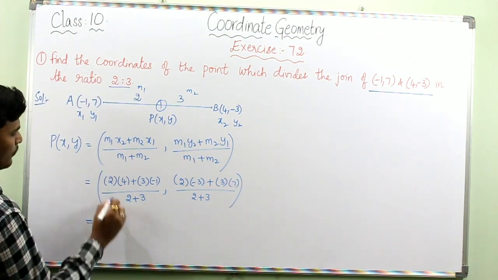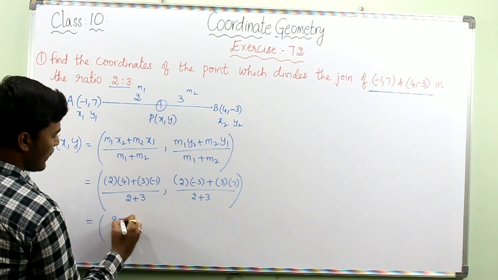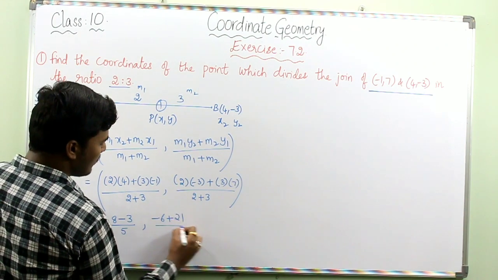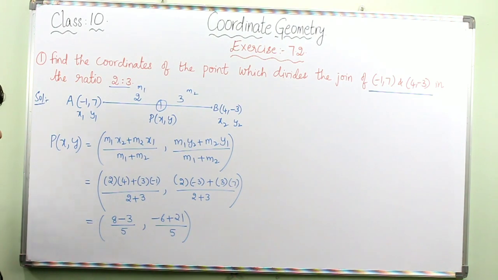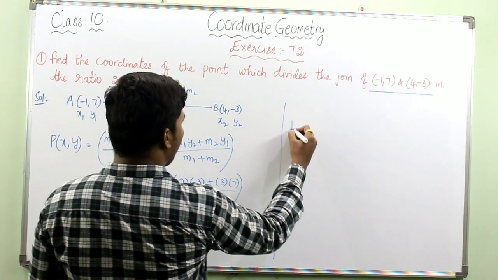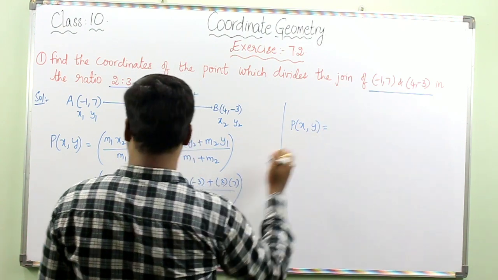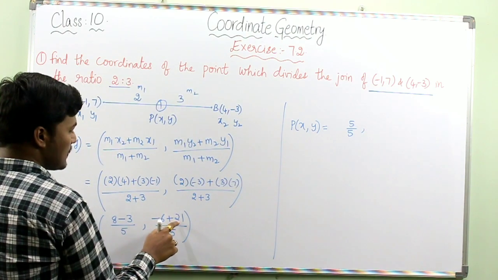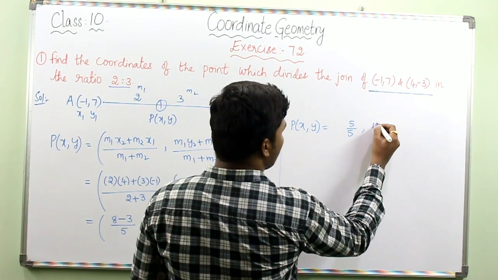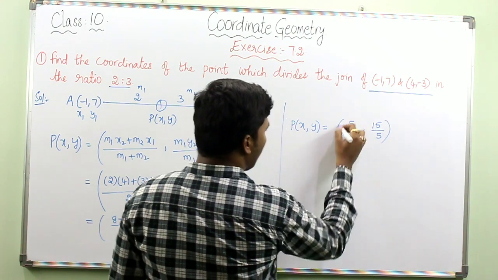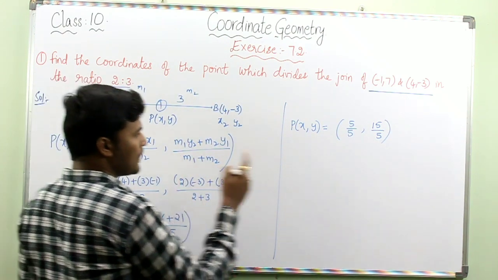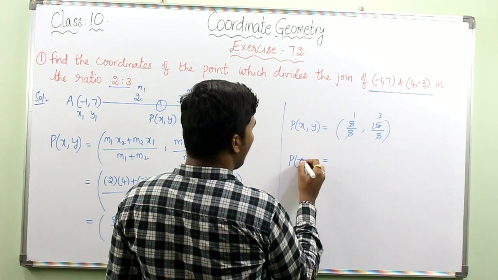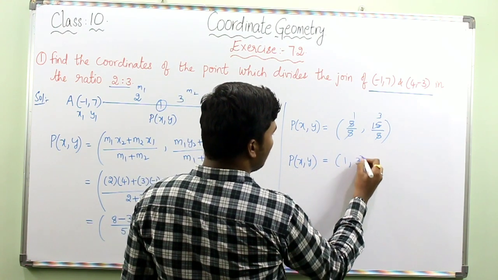So this will give you 2 fours are 8, plus 3 into -1 is -3, by 5; and -6 plus 21 by 5. So P(x, y) = (8 minus 3 is 5, by 5, and 21 minus 6 will give us 15 by 5). Now cancel: 5 ones and 3 fives. Therefore the coordinates of the point are (1, 3).